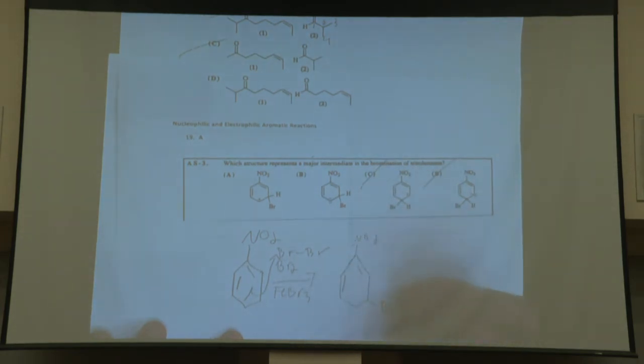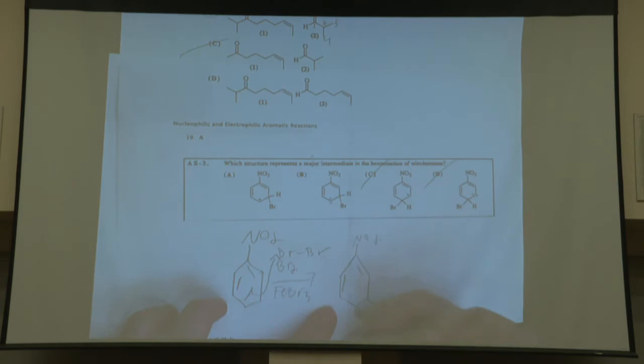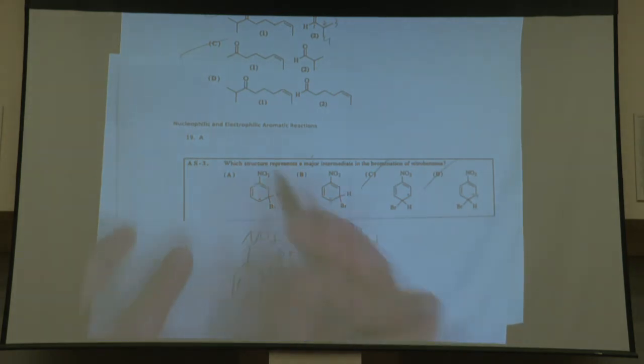All we have to know is: is it a carbocation or a carbanion? If this is an electrophilic reaction where your ring is doing the attacking, it's not adding electrons, it's going to have a cation. So it's going to be A.